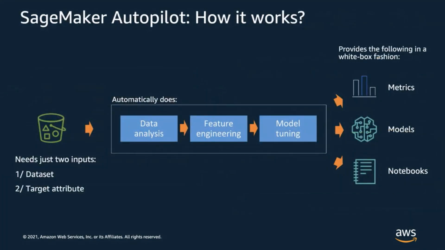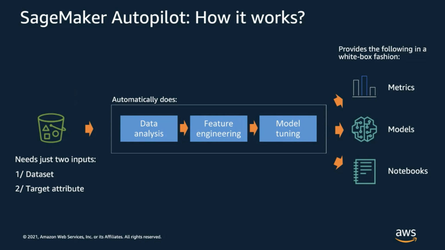So as I mentioned, Amazon SageMaker Autopilot makes the ML process a lot easier and a lot faster. You can build classification and regression models by just providing two things: a tabular dataset and a target attribute. And that's it. It's that simple.